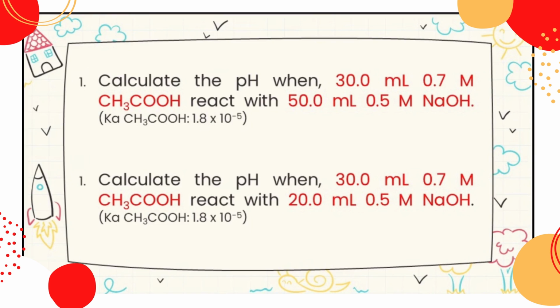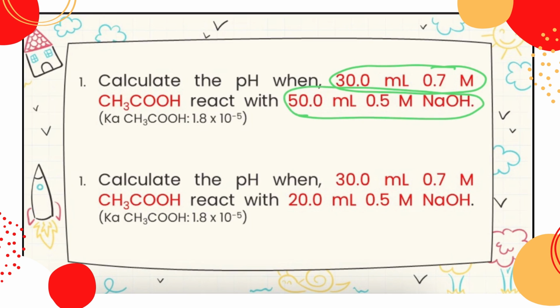Alright, since we have the Ka value, we know that the acetic acid is a weak acid. So this is the first information for the acetic acid, and this is the information for sodium hydroxide, and this is the reaction between a weak acid and a strong base.